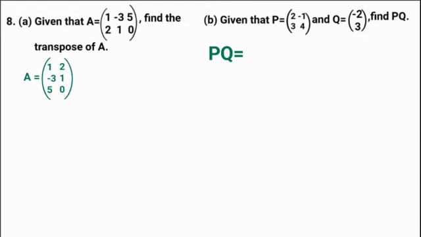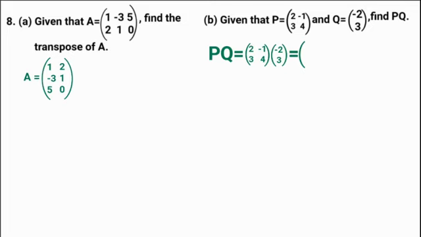First we write matrix P, which is 2, -1, 3, 4, close bracket, then we multiply it by matrix Q, which is -2, 3, close bracket. Once we have done this, we say equal to, then we open a bigger matrix.